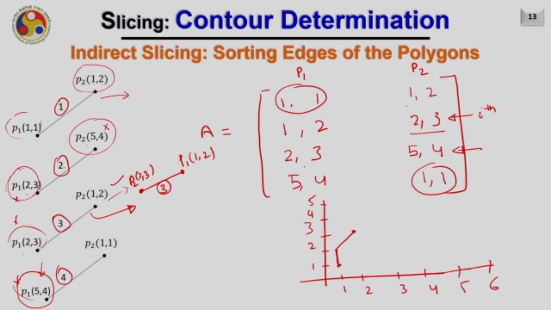And now the next line is 2, 3, that means this point, and 5, 4, which is here, 5 and 4. So, like this. Then next line is 5, 4, that is this line, and 1, 1. Hence, this is your closed loop contour, and you have sorted it in such a way that you are moving on the contour in a clockwise manner.